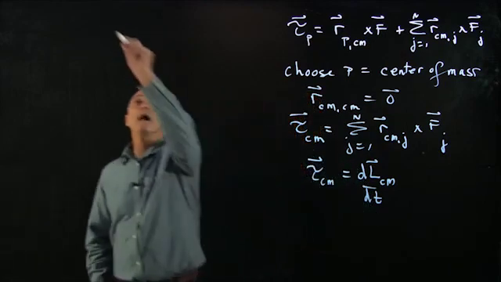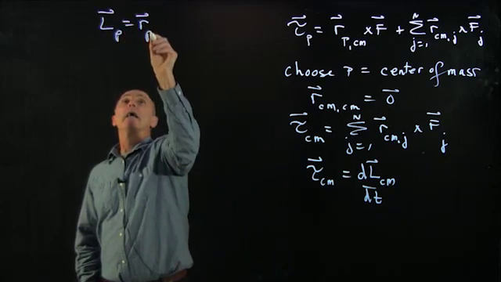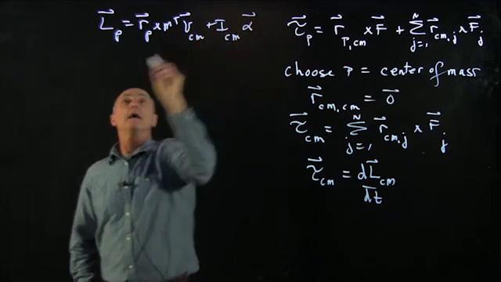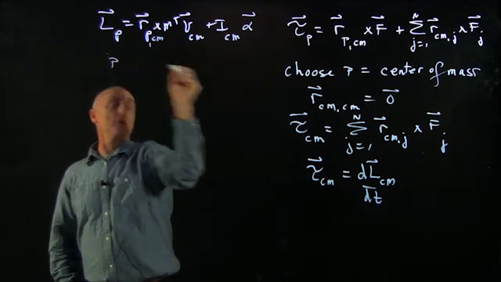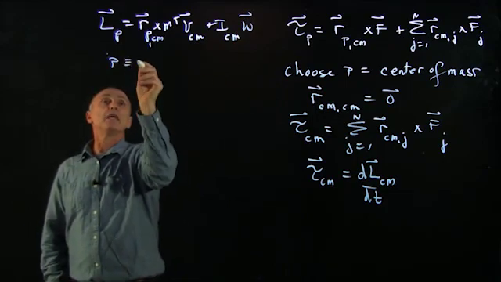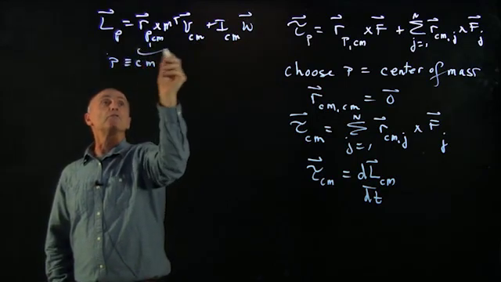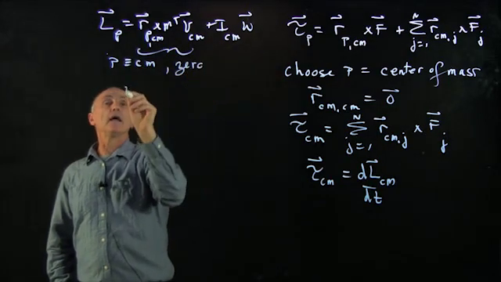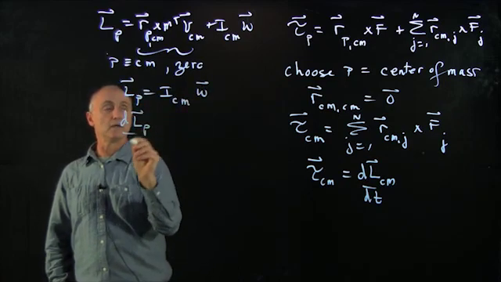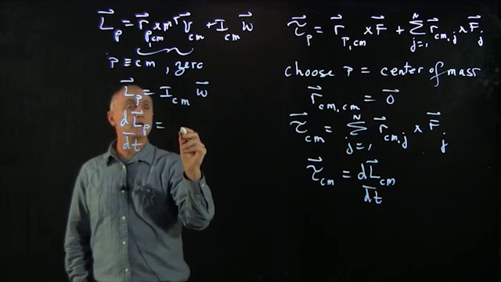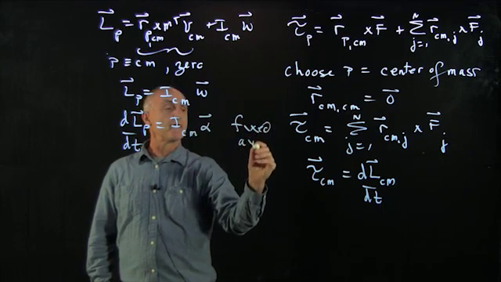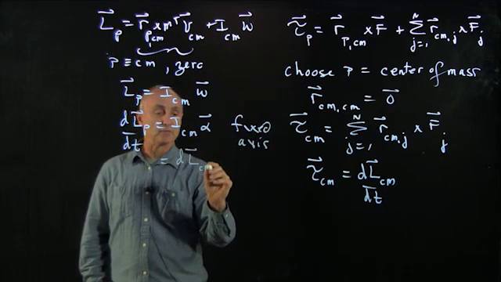We saw before that if we thought of L_P, again, as a translational and a rotational angular momentum, and the point P, rotational angular momentum, omega, and the point P was equal to the center of mass, then this first piece would be 0, and L about P is only I_CM omega, and dL_P/dt is equal to I_CM alpha for fixed axis, and that's exactly equal to dL_CM/dt.